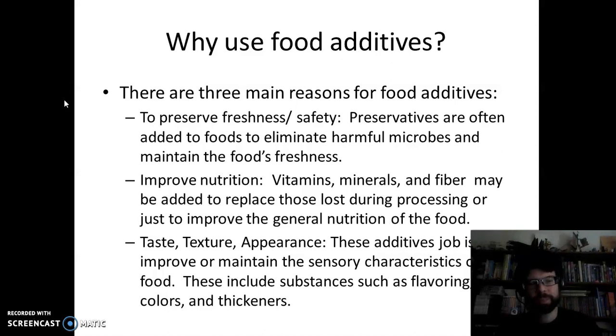Either because some of the food loses its nutritional value during the processing, or just to improve the nutrition of the food in general and help the children or whoever is eating it to make sure that they get all the vitamins. Another example of that would be vitamin D milk. If that vitamin D is added to the milk, I guess if you're not going outside, not making your vitamin D, you can get it there.